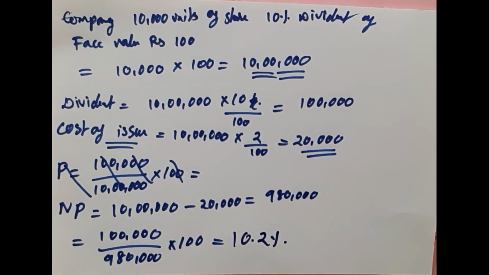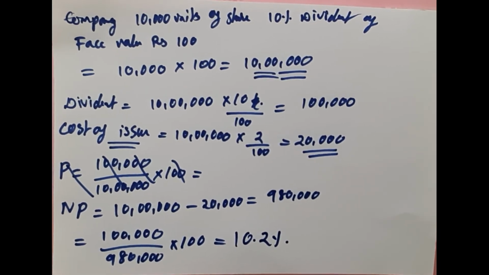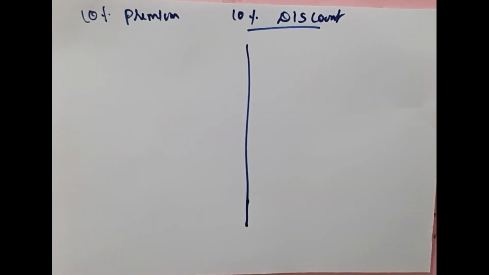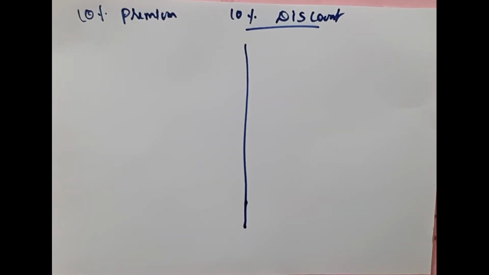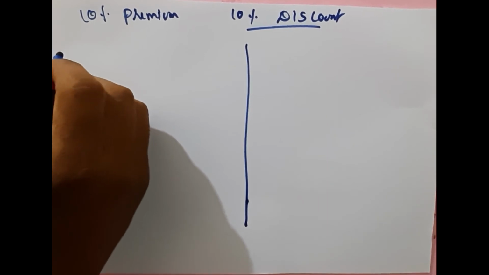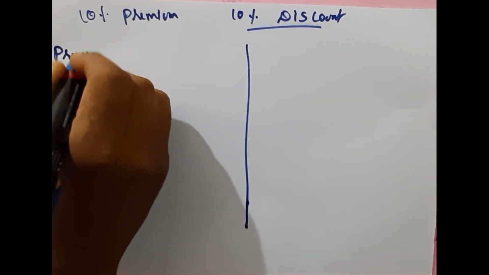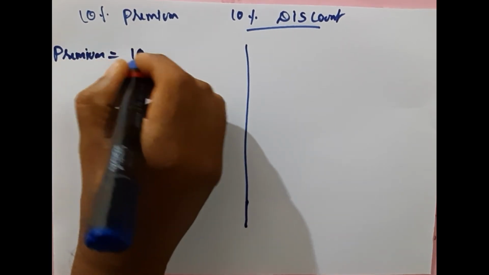The same thing you apply for premium, and the same thing applies for discount also. So let's take 10% premium. The information given is 10 lakh rupees. For 10 lakh rupees, 10% premium will be 1 lakh rupees.